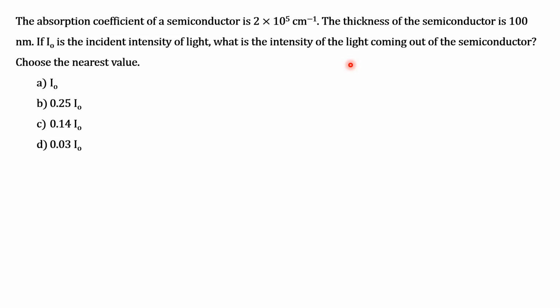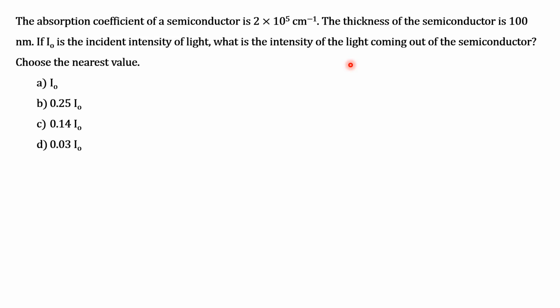Option 1, I naught. I don't think so. What is the relation that you used? I is equal to I naught exponential power minus alpha into t. Okay, and did you convert the units?